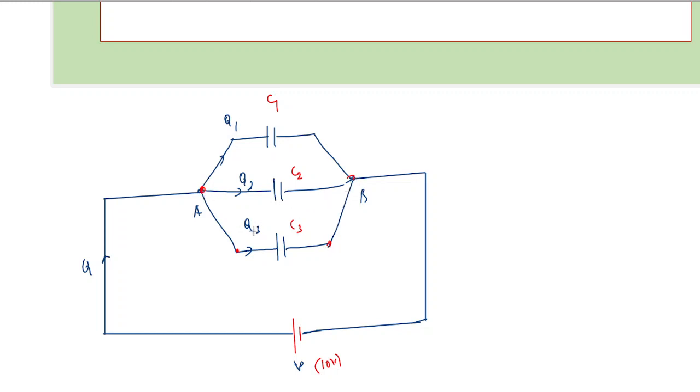That is, if you take a voltmeter and connect between these 2 points, it will read 10 volts. Similarly, if you connect a voltmeter between these 2 points, even that would read 10 volt only. So the voltage drop across each capacitor is the same, which is 10 volt.